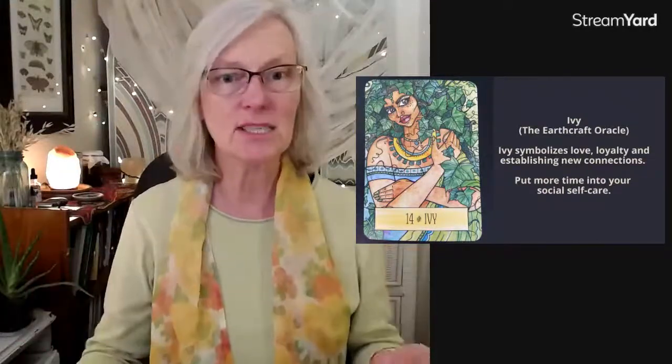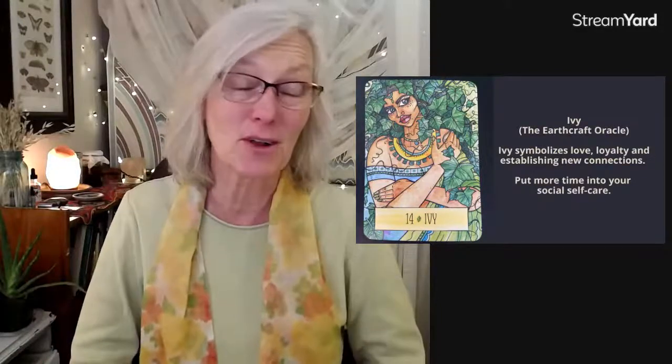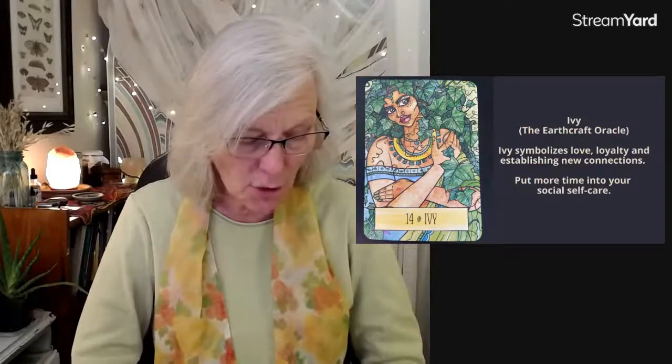And so this card indicates the ability to grow new relationships. One of the messages from the cards was that it's time to put more time into your social self-care. And I thought, well, that really matches up with what an aloe vera workaholic type really needs.